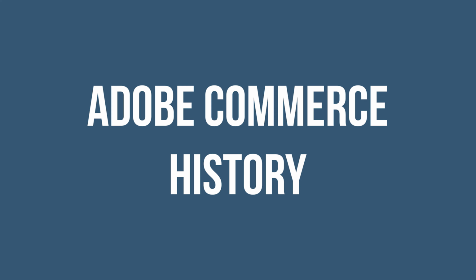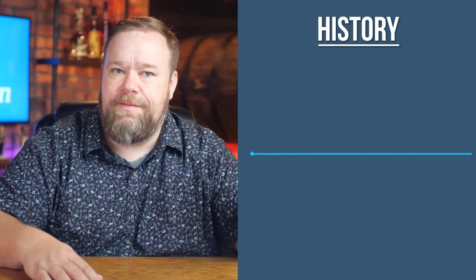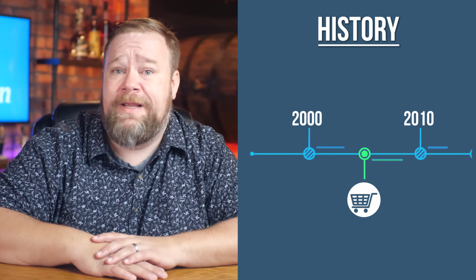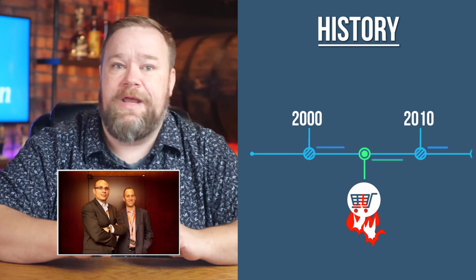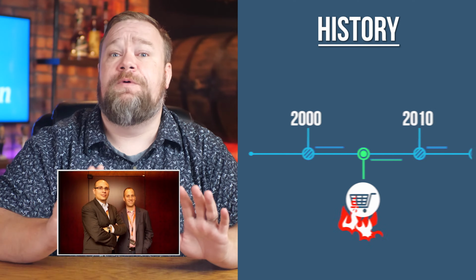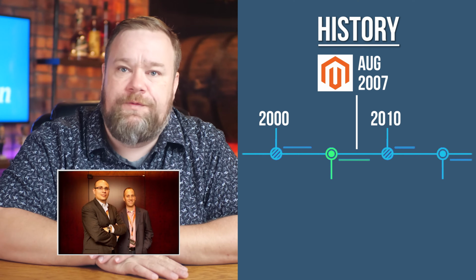To understand the context, let's have a brief history lesson on Adobe Commerce. Back in the mid-2000s, the e-commerce platform landscape was a hot mess. Roy Rubin and Yoav Kutner, these two guys, decided to fix this and released Magento in late August of 2007. It was designed for modularity, flexibility, but also upgradability, which were things pretty much all of its competitors at the time lacked.